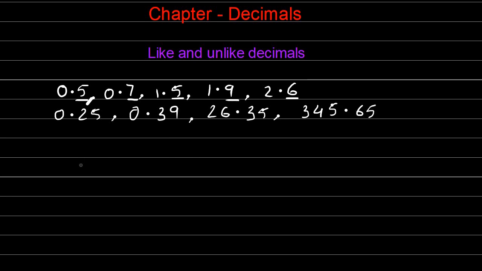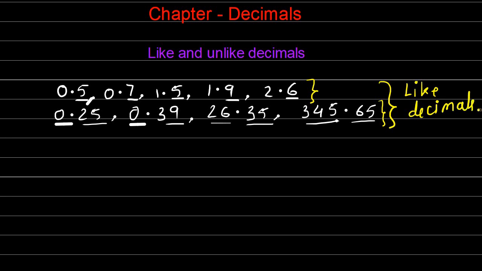You can see, even though I have used whole numbers differently, like here 0, here 26, here 3 digits 345, the number of decimal places is here 2, here 2, here 2, here 2. So you can see the decimals whose decimal places are the same are called like decimals. So all these, these separately and these separately, are like decimals.